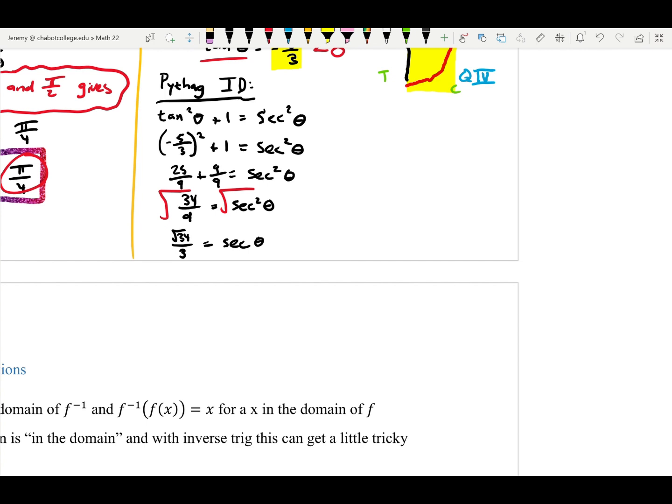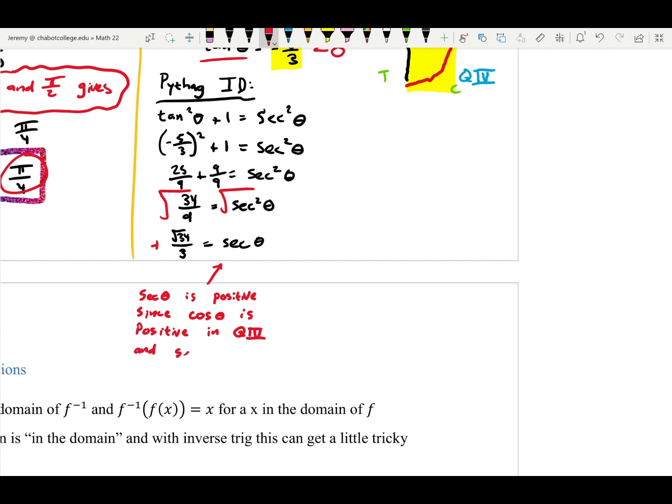Okay, so I'm going to make this a positive root 34 over 3, and I'll just include a little note here. I'll say this is positive, so secant theta is positive since cosine of theta is positive in quadrant 4, because of all students take calculus.